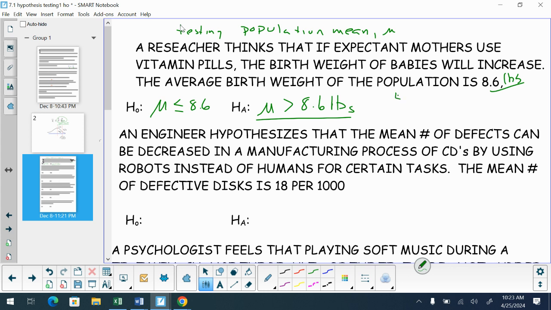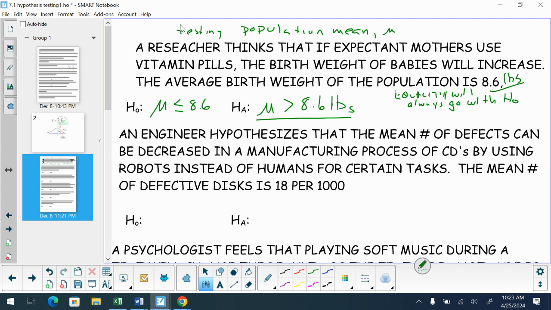Equality will always go with the null hypothesis.